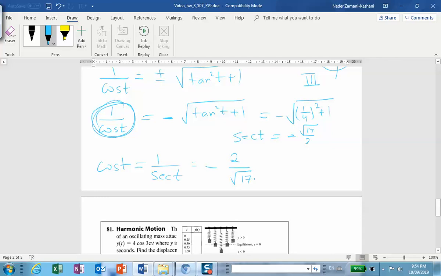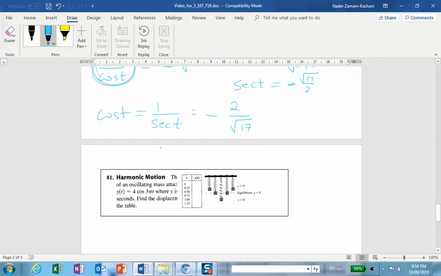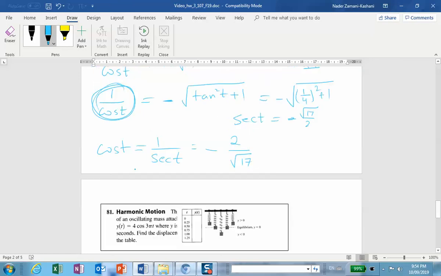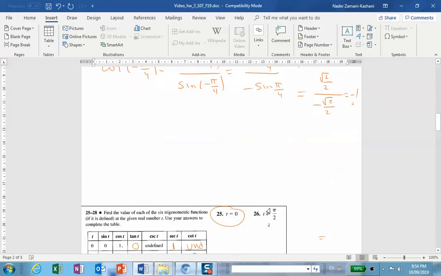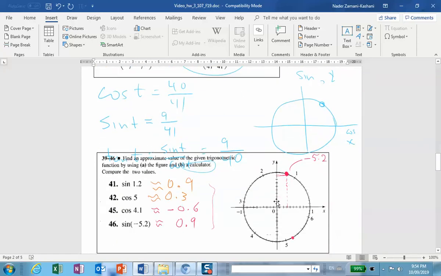Let's find the sine, S-I-N. Okay, so what am I going to do here? Let me insert a new blank page.